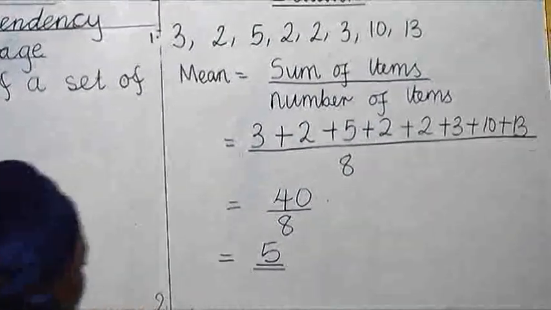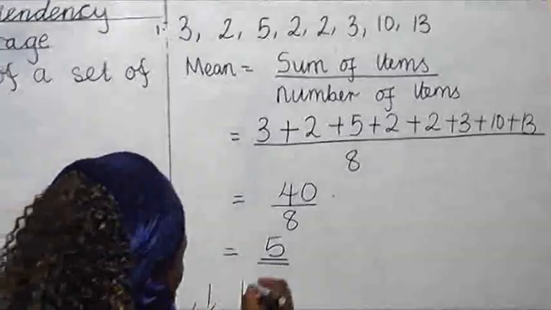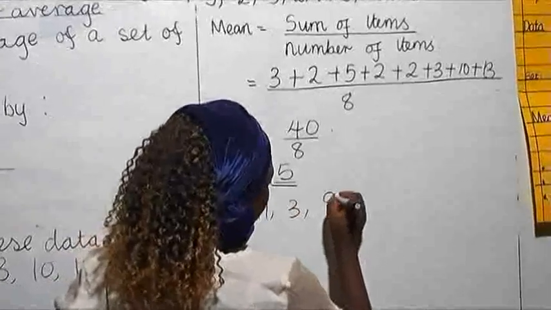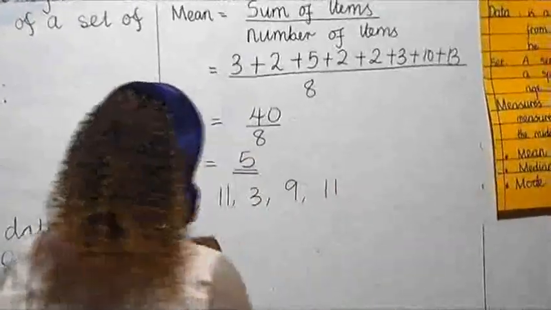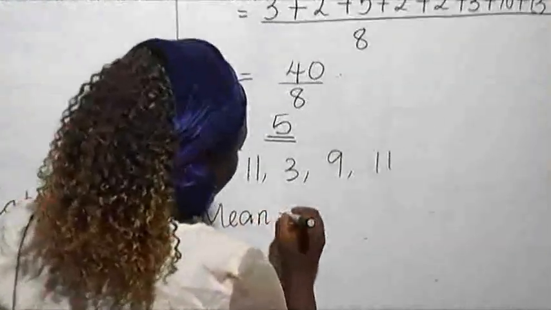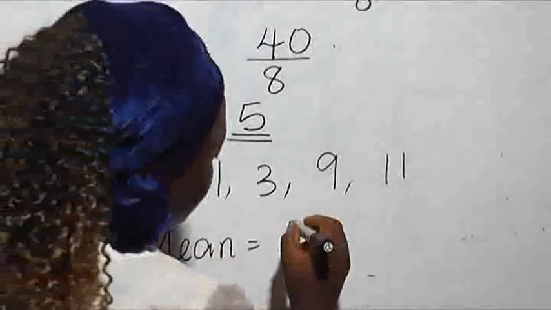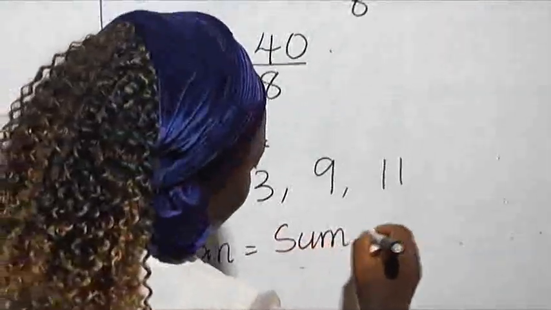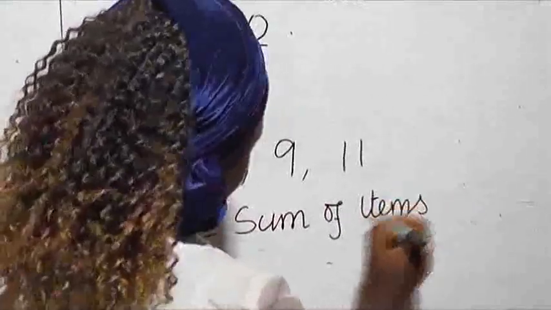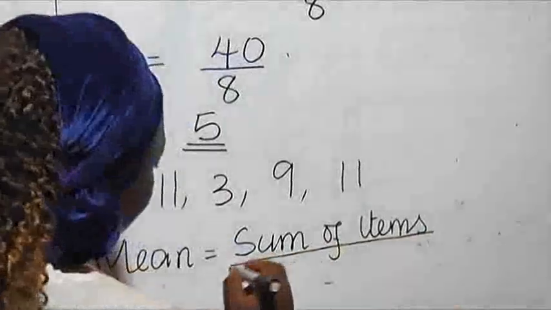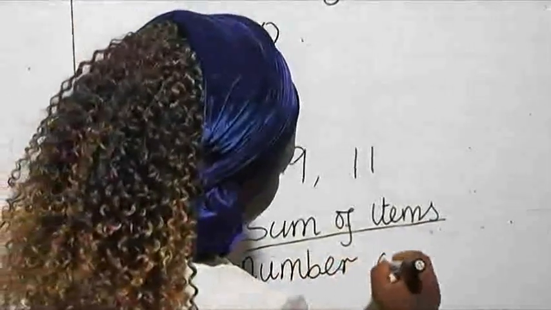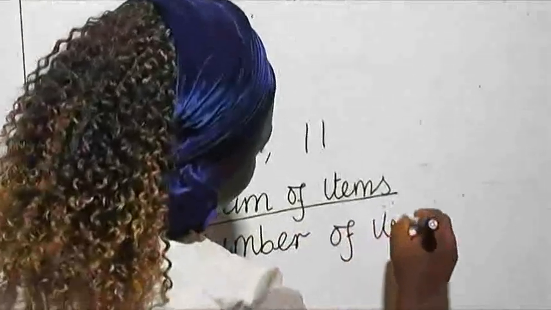Now let's solve example 2. Example 2, we have 1, 11, 3, 9, and 11. We want to calculate the mean. We still go by the formula: sum of items divide by number of items.